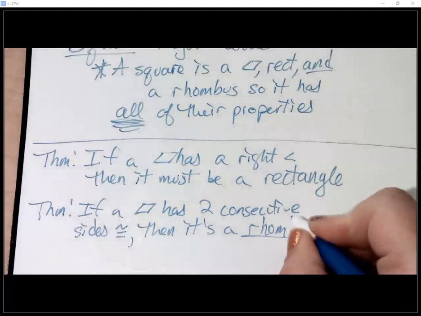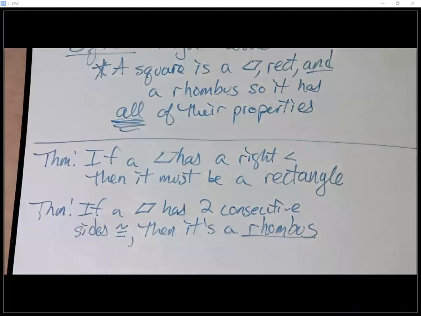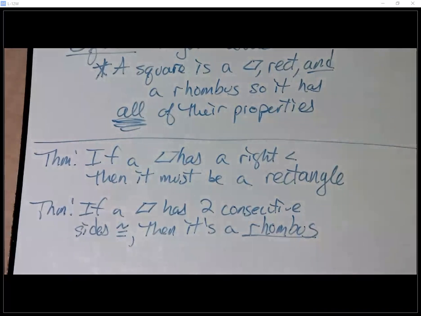So remember, opposite sides are the same. So if you have 2 in a row that are the same, you're going to get all 4 the same.